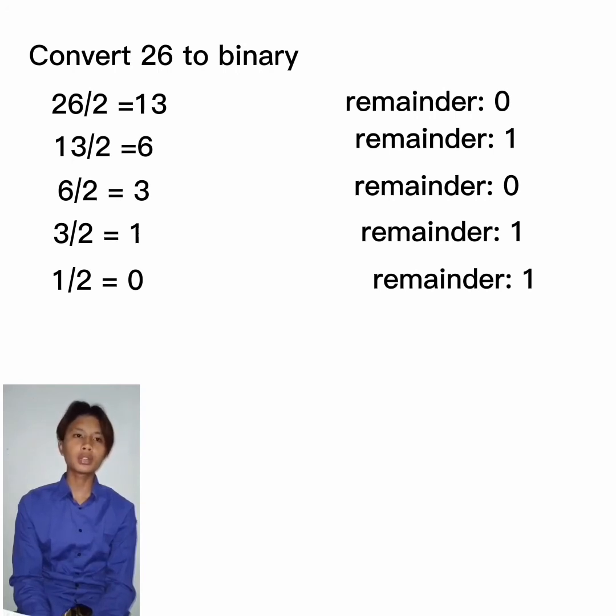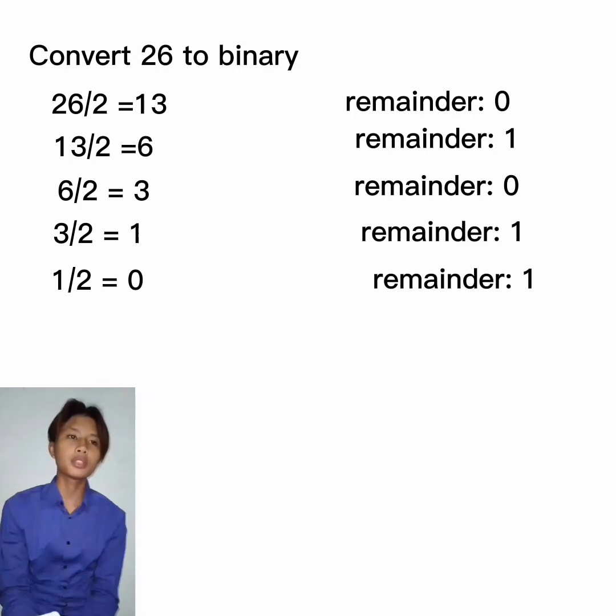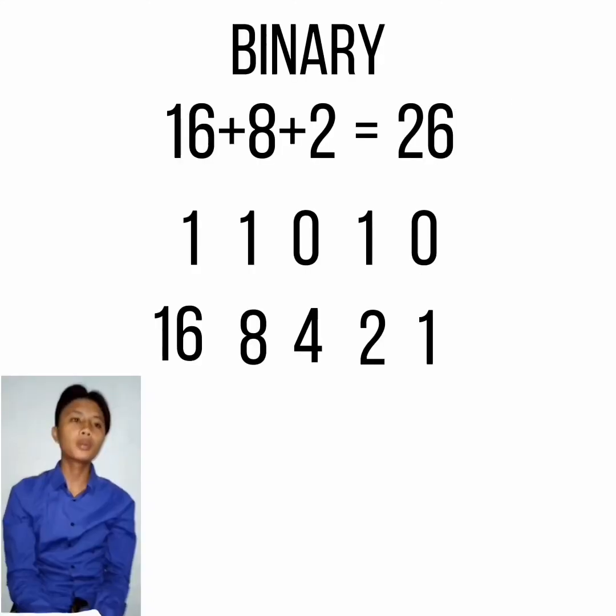So we subtract 1, because that's what happens when you have an odd number, 1 minus 1 becomes 0, and that means we're done with this. Since we subtracted 1 every time, we have to put those remainders to the side, and this number on the side is exactly your binary number, reading from last to first. So our binary number is 11010, and we're done.